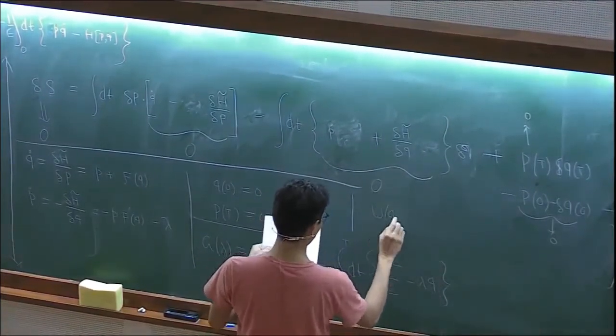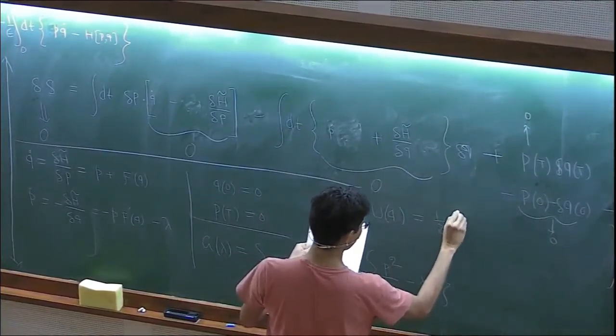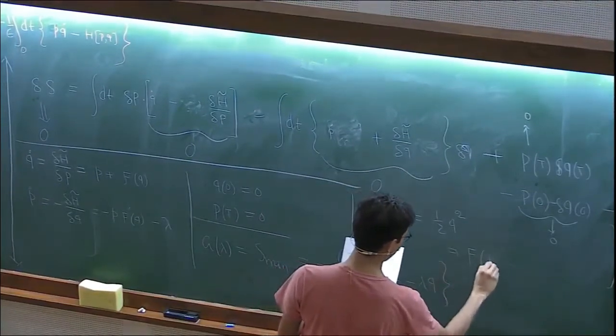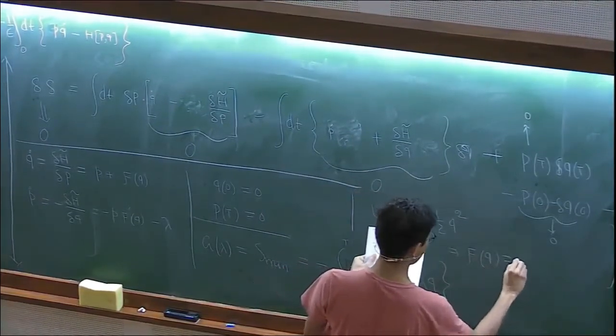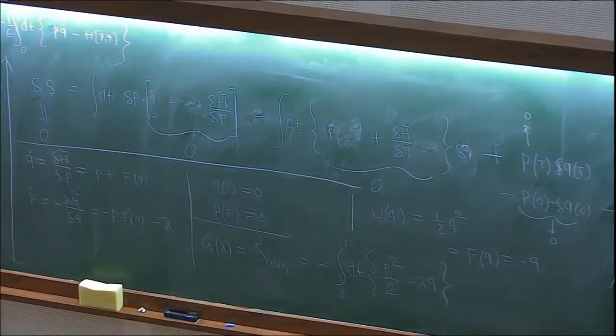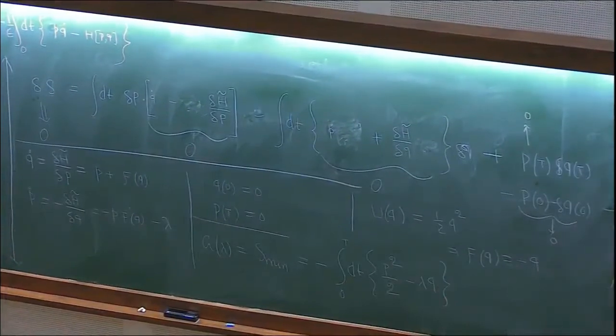So I'm writing U of Q is equal to half Q squared. This means F of Q is equal to minus Q. This is the derivative. So let's see what happens in this problem. In this case, you could easily solve.